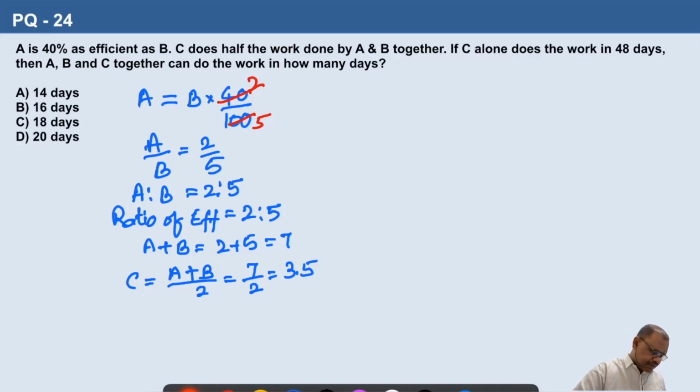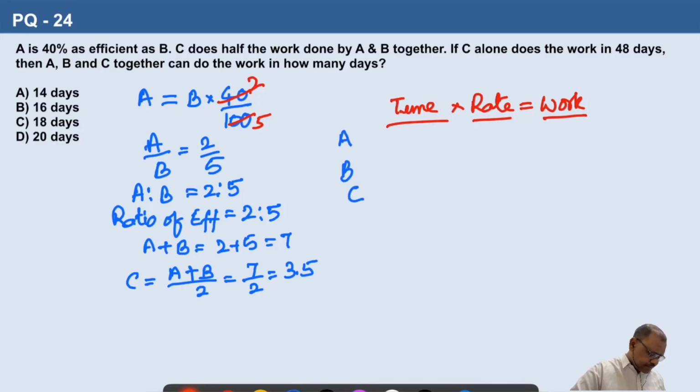So let us write down here A. We'll write the formula, time into efficiency or rate is equal to total work. So we have 3 people here, A, B, C, and A plus B plus C, all the 3 together.